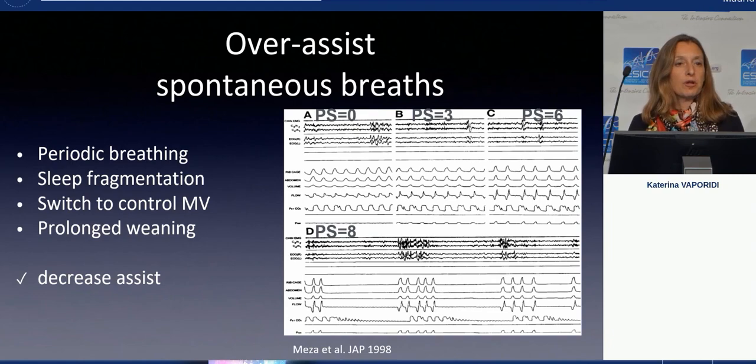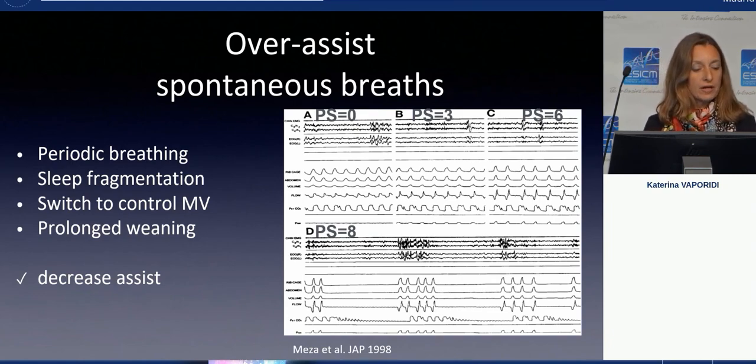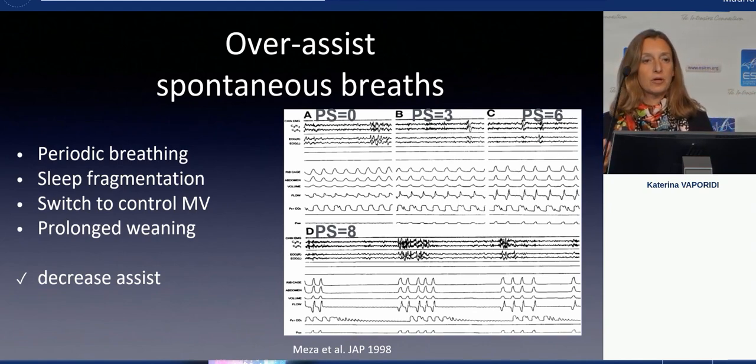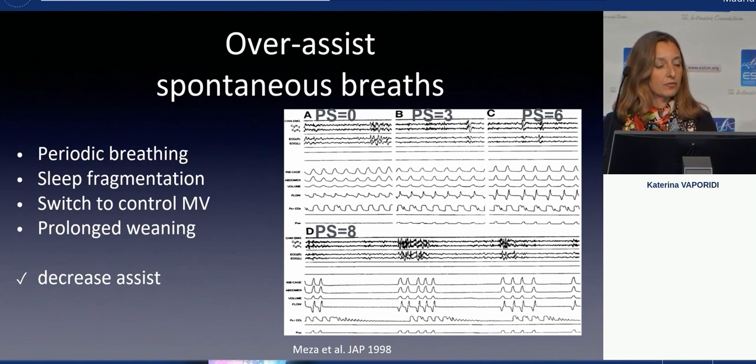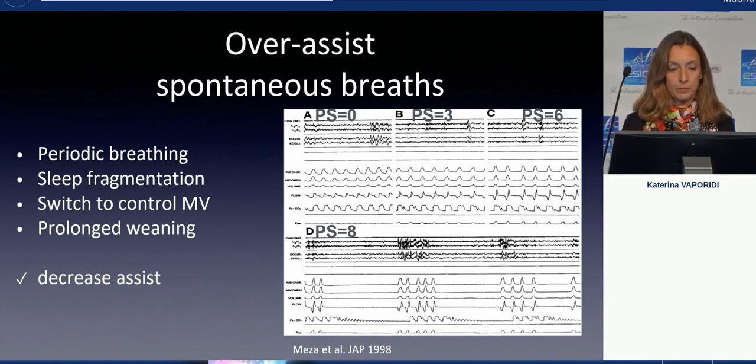Apneas and periodic breathing can lead to sleep fragmentation with the known adverse effects, but also it often leads the physician to think that the patient is not ready for weaning and switch back to controlled ventilation, thus prolonging the weaning process and having the patient exposed to the adverse effects of mechanical ventilation for a longer period of time. What to do? Again, consider decreasing assist.